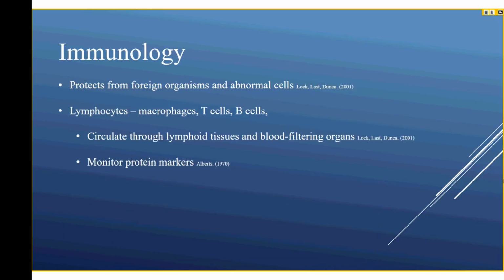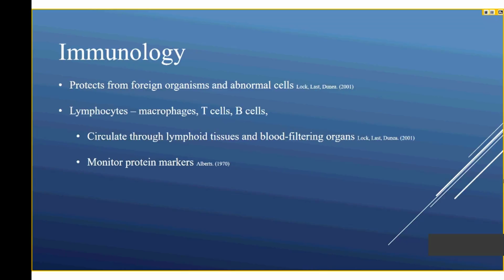The immune system protects the body from foreign organisms and abnormal cells. It consists of lymphocytes such as B cells, T cells, and macrophages. Macrophages engulf antigens and take them to the T cells. T cells mediate the immune system and tell the antibodies what to do with the antigen.